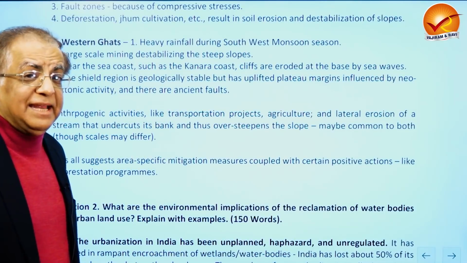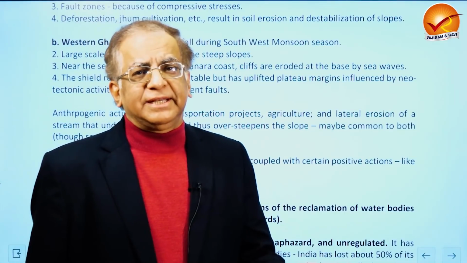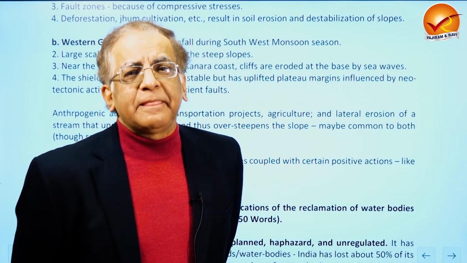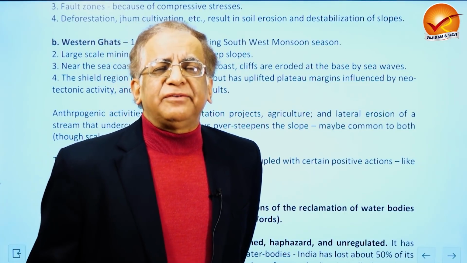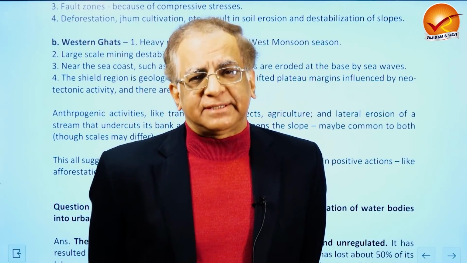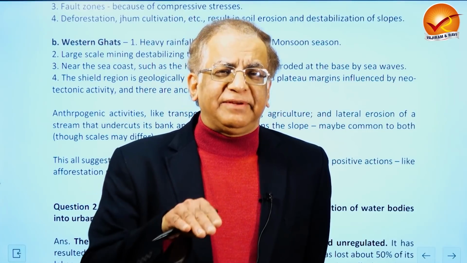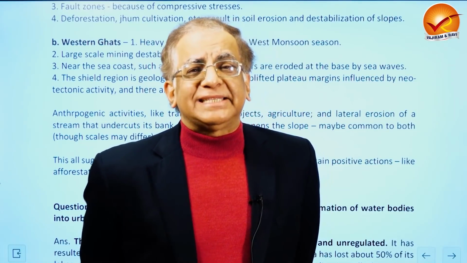Then large-scale mining is another reason, and one important point which is more seen in the coastal areas is that in the Western Ghats, we have steep slopes of the mountains, the cliffs, and those which are in the coastal areas might be having a lot of erosion by sea waves.